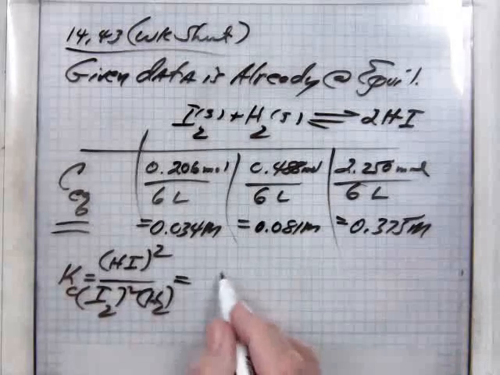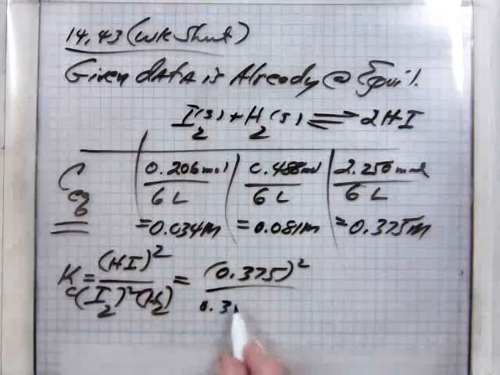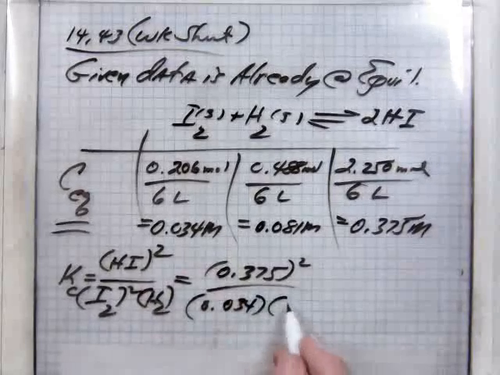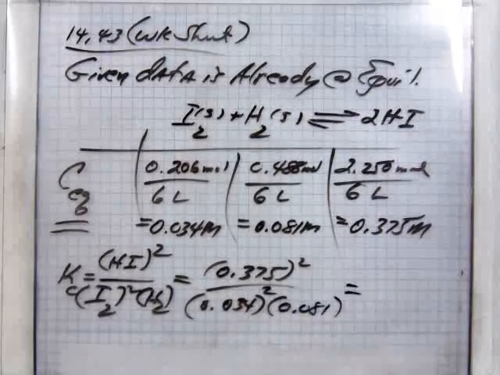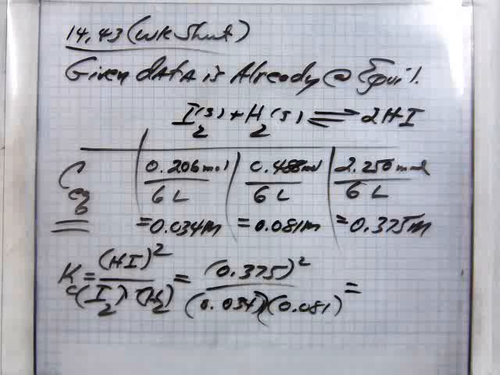And so I substitute 0.375 squared over 0.0343 times 0.081, which gives us 51.